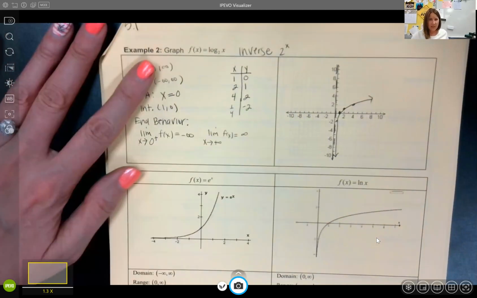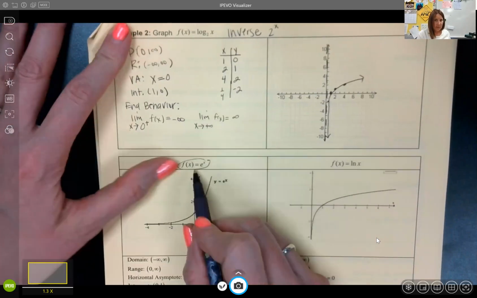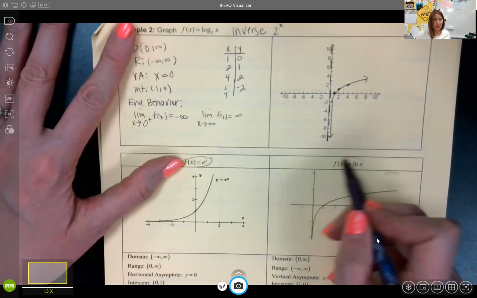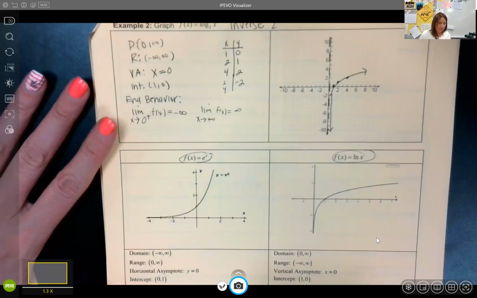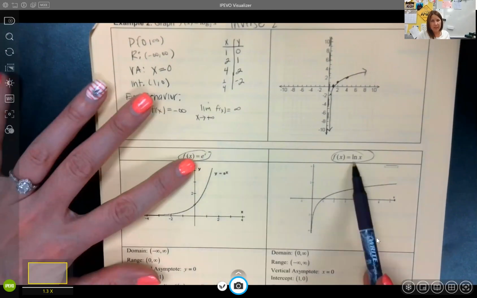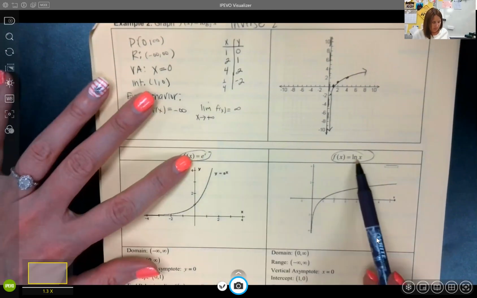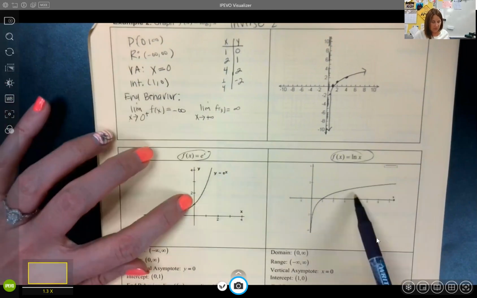This is going to be the same thing for an e to the x. The inverse of e to the x is the log of x, or the natural log of x, okay? So we're going to get more into detail how we get this and why they are called this. But for this section, you just need to know e to the x and natural log x are the inverses of each other.